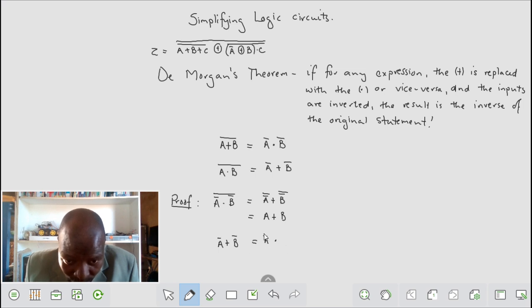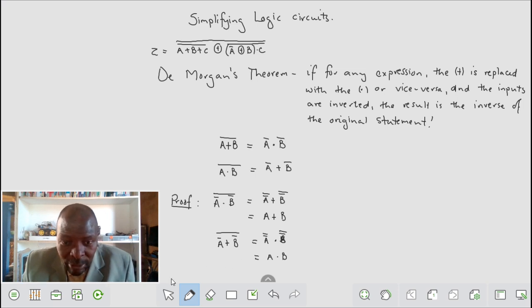We take the inputs, we not B, and we invert it. The result is there, because double negation falls away. Remember that when I started off, I had A or B. After I did what I did, if I'm proving it, it must take me back to A or B. There, we are back at A or B.